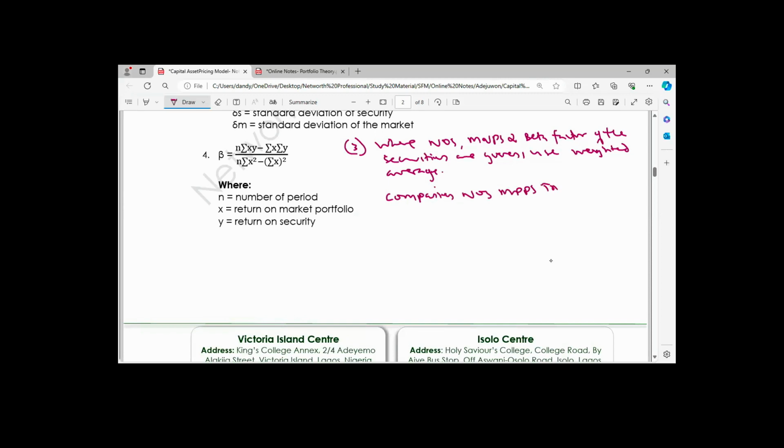Then you have total market value. You create a column for the beta factor. Then you create a column for the weights. Say this is A, this is B. C will be equal to A times B. This is D. Then this is E.